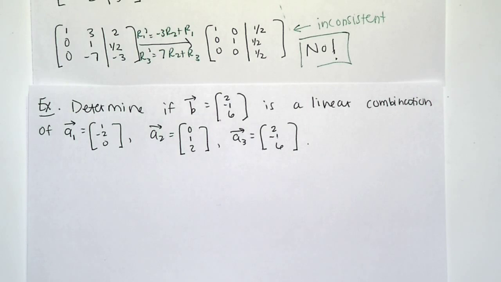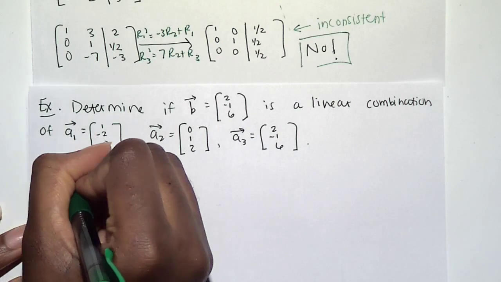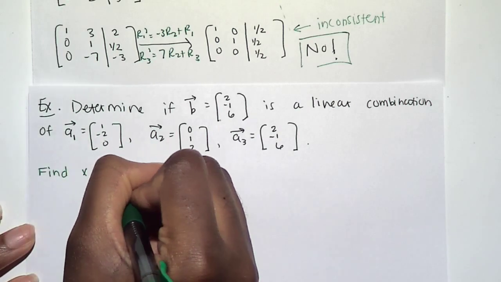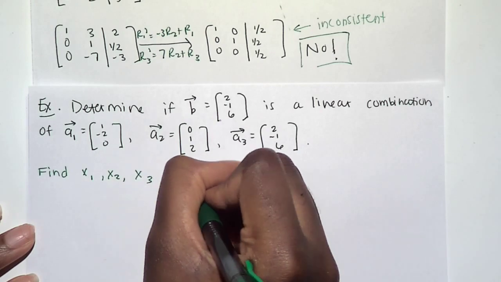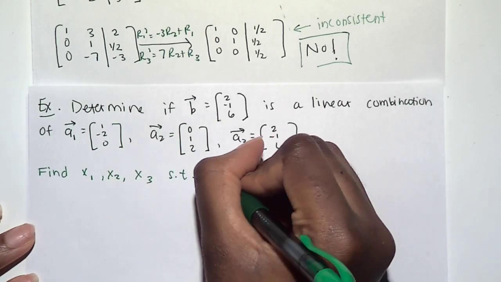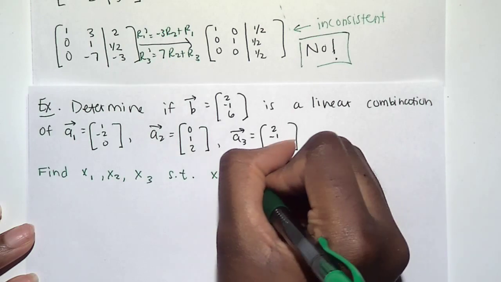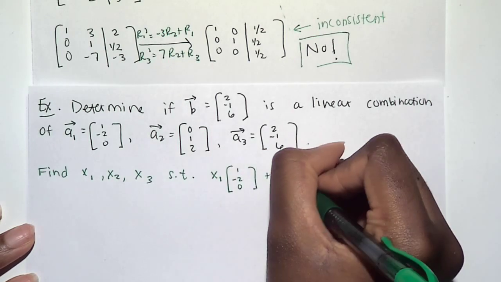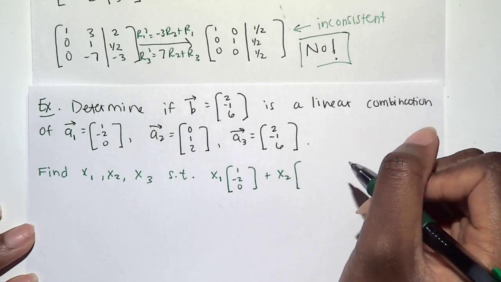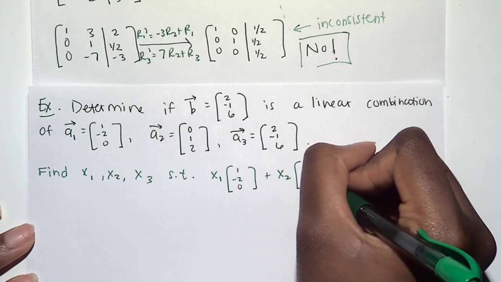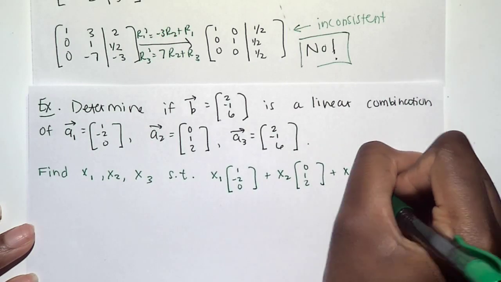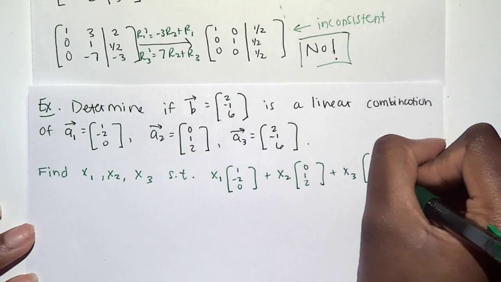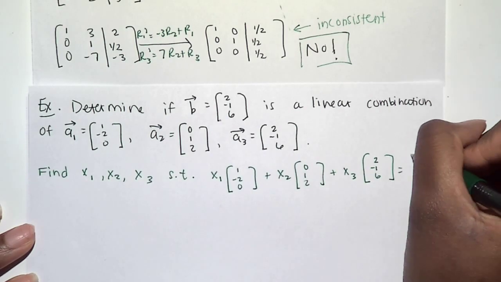Okay, so we have to determine, is b a linear combination of these three vectors? Well, what we're really asked to do is to find x1, x2, and x3 such that x1 times A1 plus x2 times A2 plus x3 times A3 equals our b.